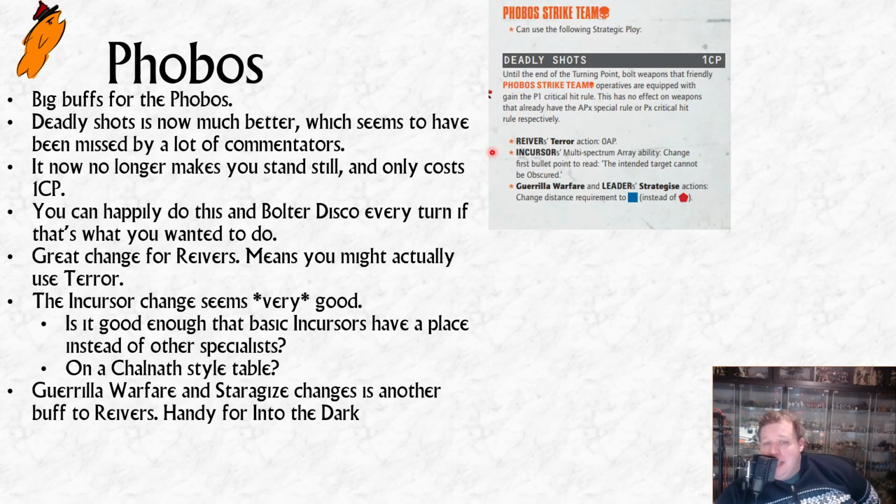I'm not saying it's definitely a thing, but it's just a little tickle of an idea, a question mark there, surely. Because that Incursor, the same people who are screaming about Marker Lights, that's pretty good, isn't it, on a team with Bolter Discipline and team-wide AP1?